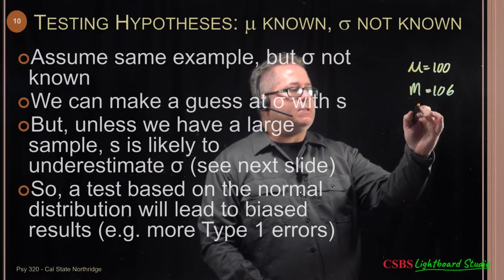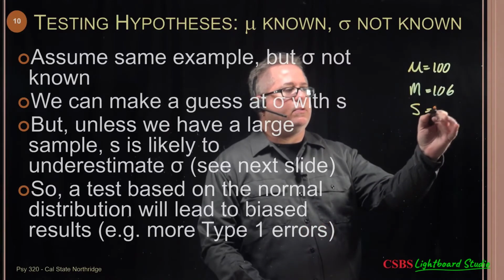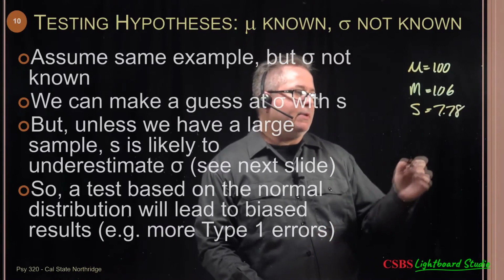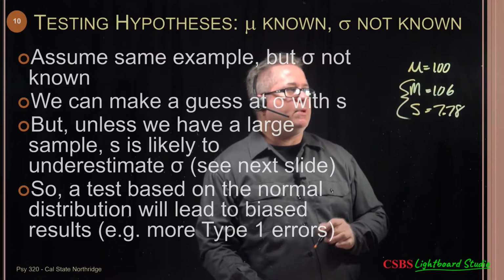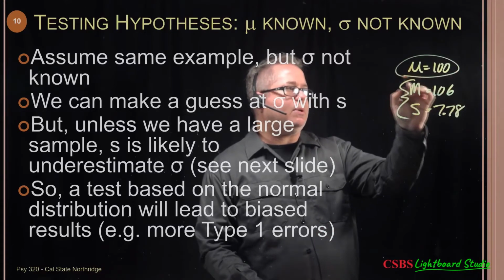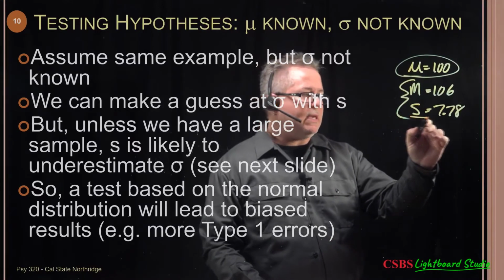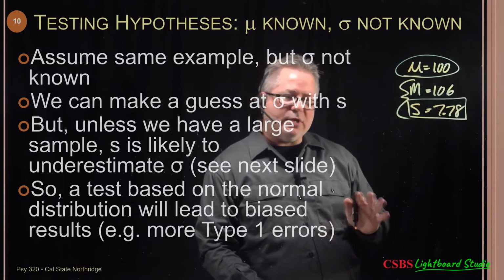What we know instead is that our sample standard deviation is 7.78. So if I look at the 25 people we have, they have a standard deviation of 7.78. And so these are both from the sample. I don't know anything about the population except for the mean. So now we're going to have to rely on the sample standard deviation instead of the population, and that's going to change things a little bit.